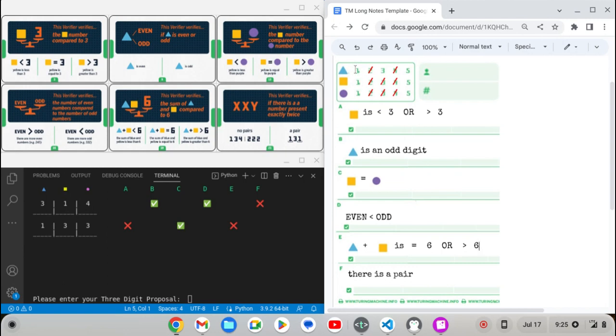No, I don't think we can conclude that. Well, let's see. Should I focus on the triangle or the square? Triangle 1 can add up with 5 to get a 6, so that's okay. 3 can add up with 5 to get something greater than 6, and so can 5.